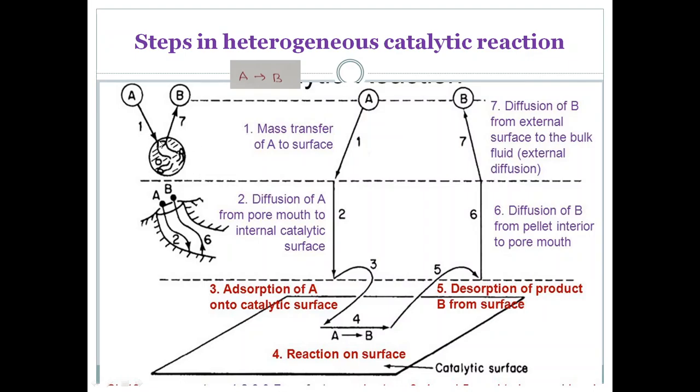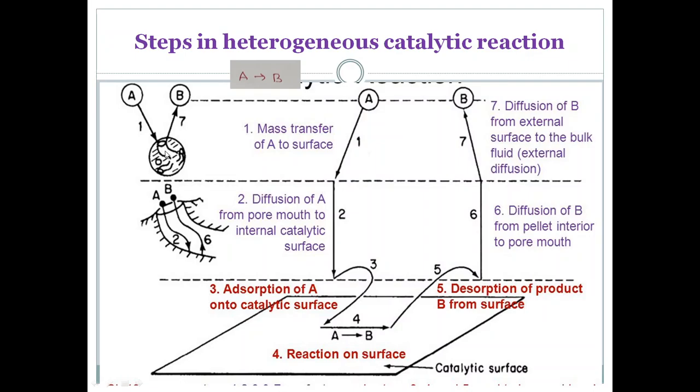When A reaches the catalyst surface, because most of the active sites are inside and very few active sites are outside, generally 99.9% of the active sites are inside the pores. So A will diffuse through the pores and it will reach the active site.